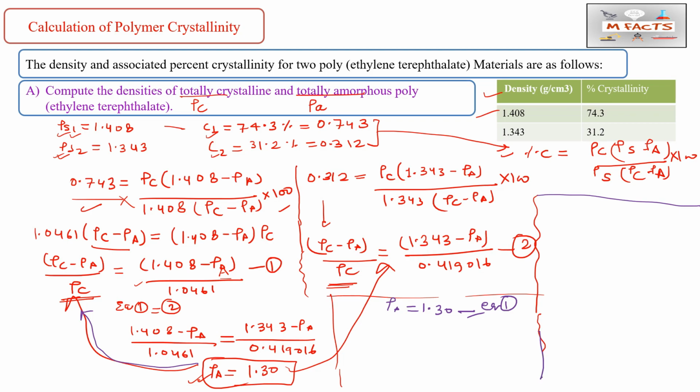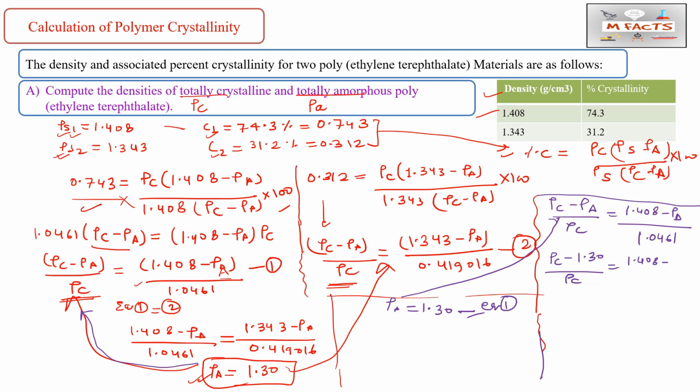So what was equation 1? That is rho C minus rho A upon rho C is equal to 1.408 minus rho A upon 1.0461. Now we will put this rho A value here. So we will get rho C minus 1.30 by rho C, which we don't know, and 1.408 minus rho A we know, that is 1.30 and 1.4061.